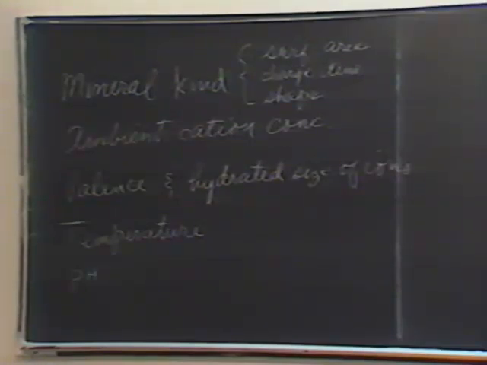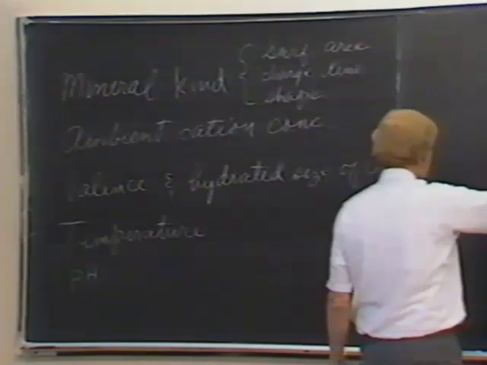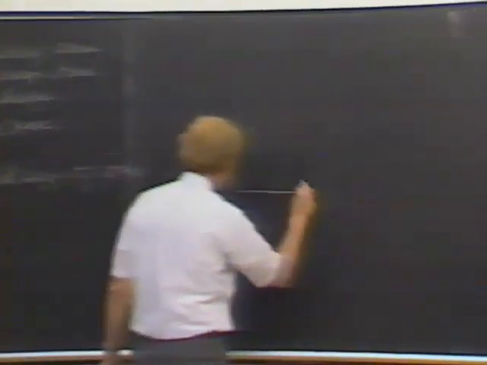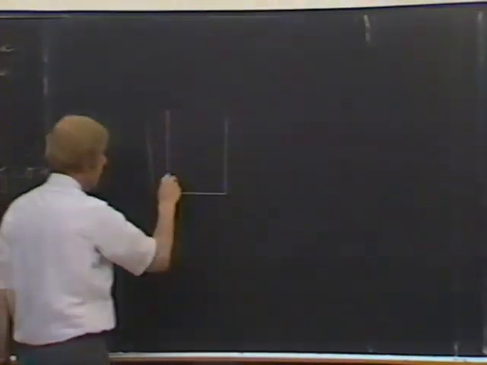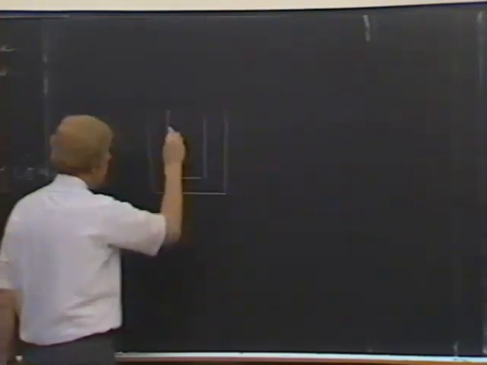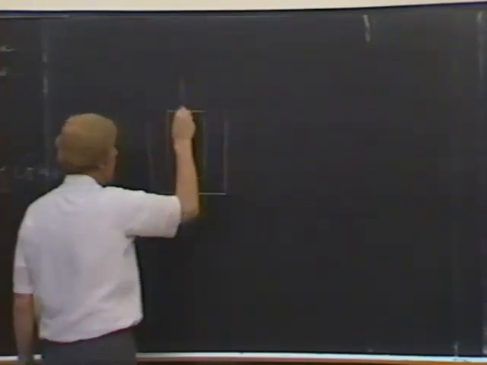Then that cylinder of soil was placed inside of a lucite outer cylinder, and this space was filled with water.